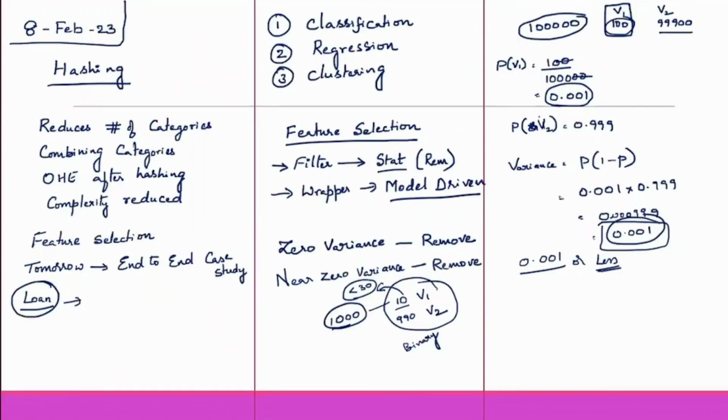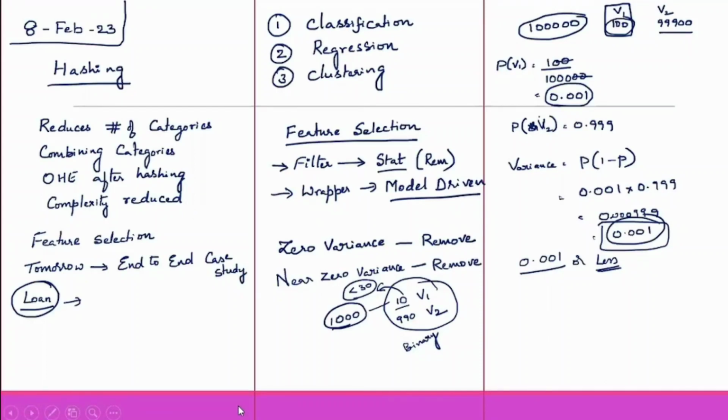Normally 100 might be a decent size, but if I'm talking about 1 lakh observations where 99,900 are of one category and only 100 are of another category, the information that comes out might still be biased. So sometimes, especially when the number of columns is too high in the data, you can even think of removing very low variance columns as well.